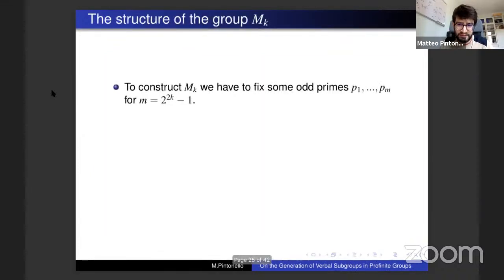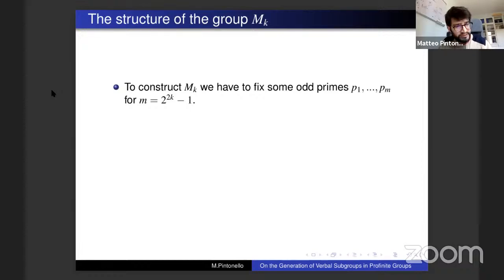From this point, it's pretty easy to understand the idea of the construction. First, it's important to understand the structure of these groups N_k, because in order to construct them, we have to fix some odd primes, p_1, ..., p_m, for m equal to 2^(2k-1).